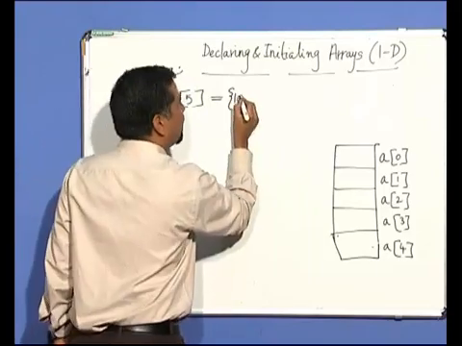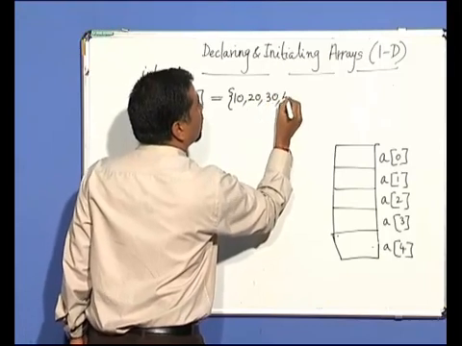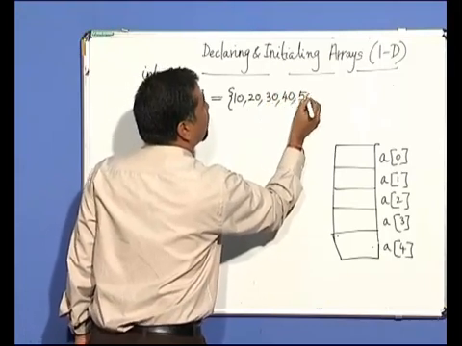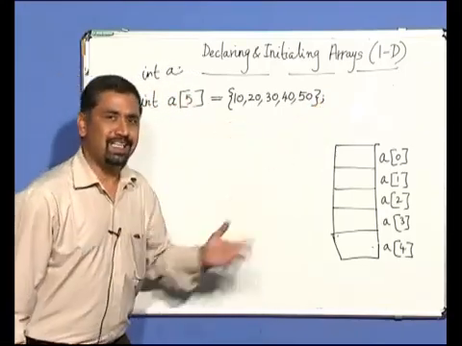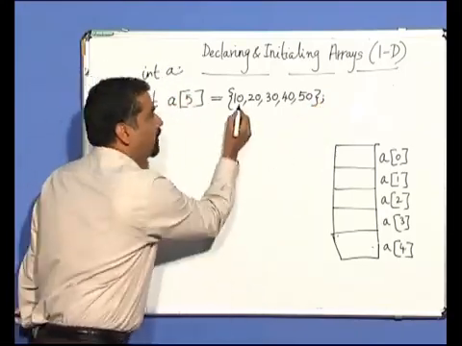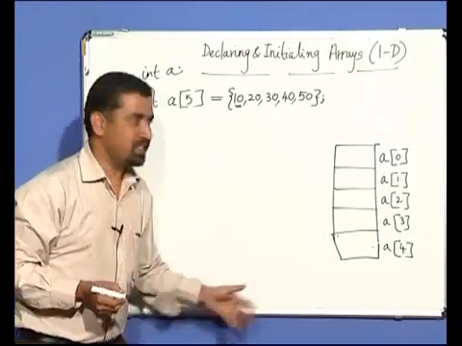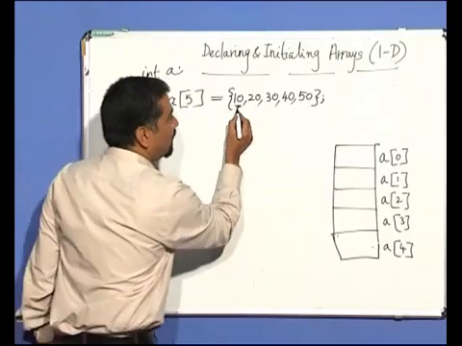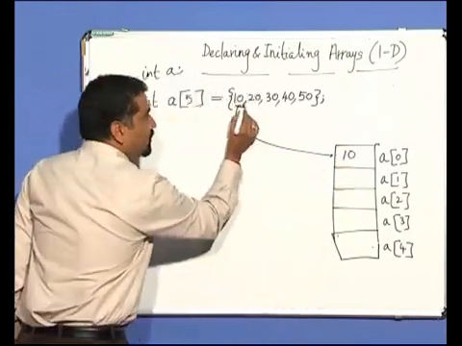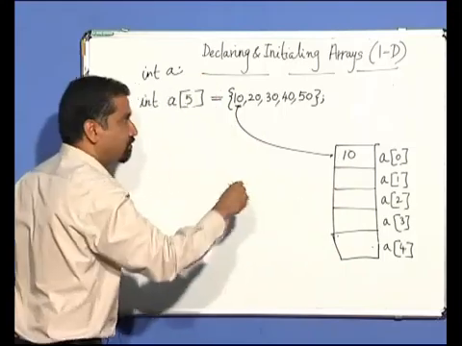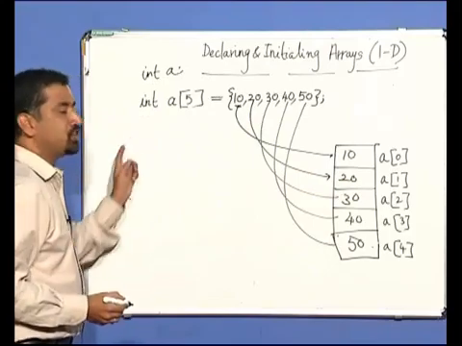They could be simply 10, 20, 30, 40 and 50, let us say. As you can easily guess, the value 10 is going to be assigned to the first element of the array, which is A[0]. So this 10 will get into here. The next value will get into the next element, which is A[1]. Likewise, that is called initialization.